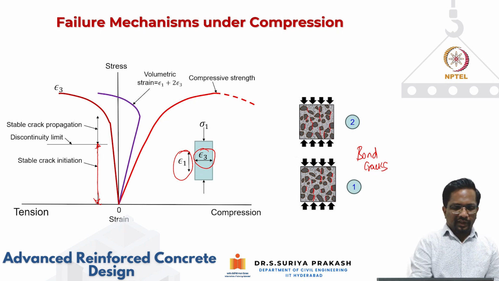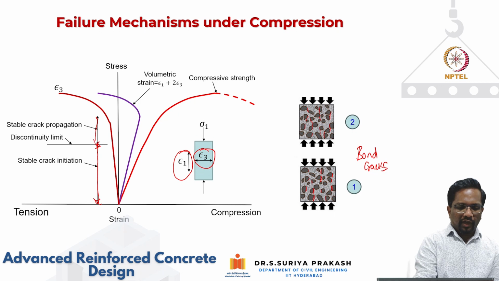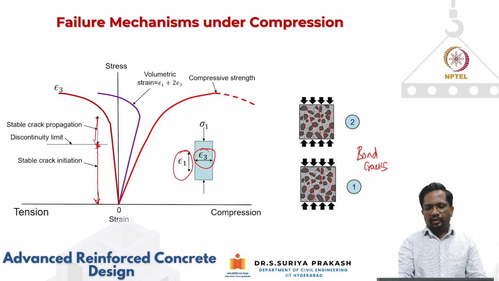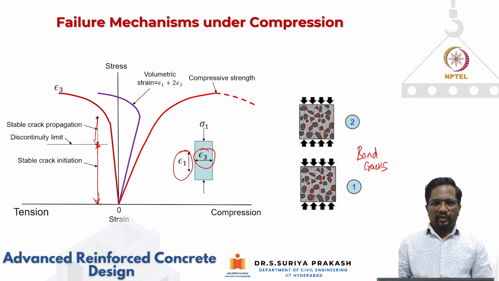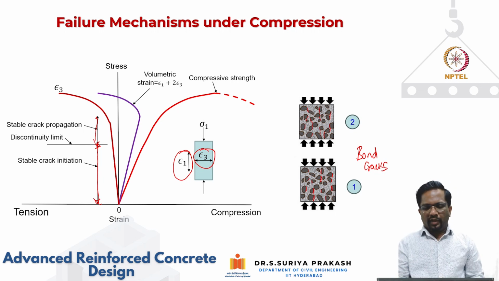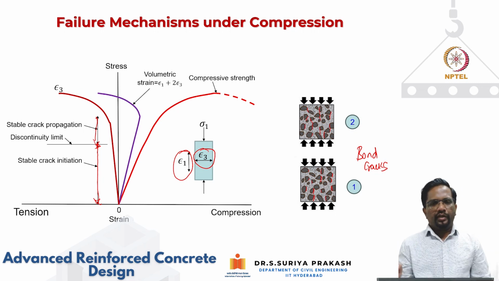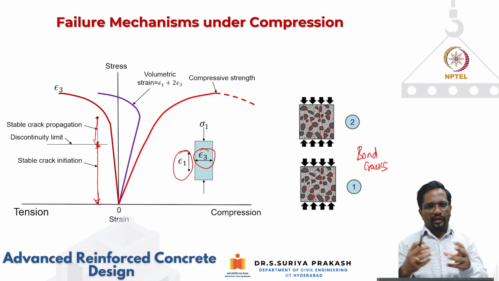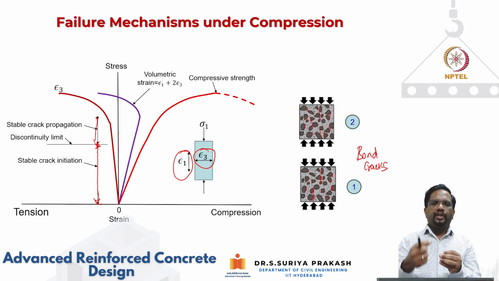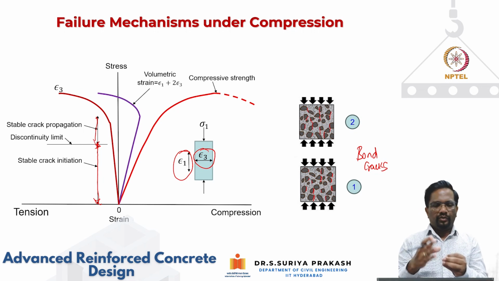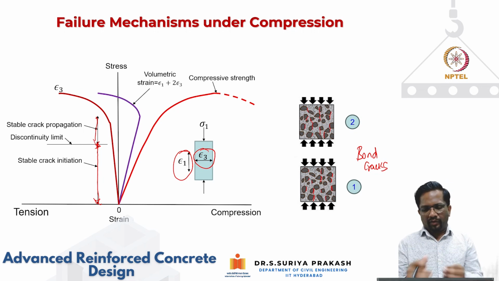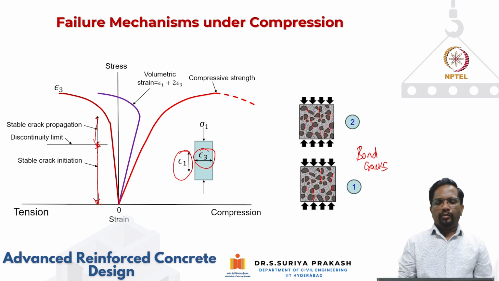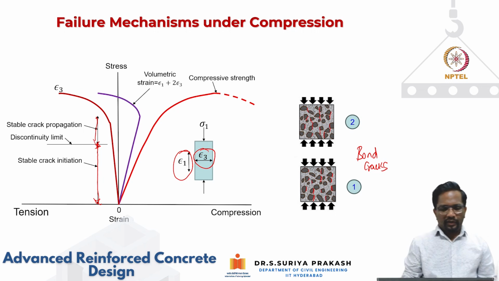Then in the next stage, these bond cracks will start connecting together as I apply more and more stress. Why is it forming only at the interface? There is something called the interfacial transition zone between the aggregate and the cement paste. Usually that ITZ is a weaker zone. So at the weaker interface, you are going to develop these bond cracks, and the bond cracks will start joining together in the next stage.